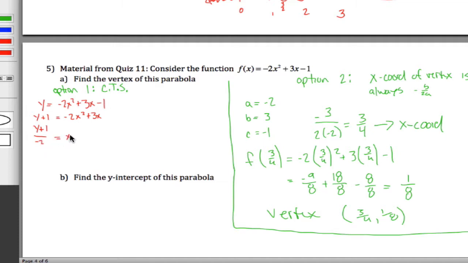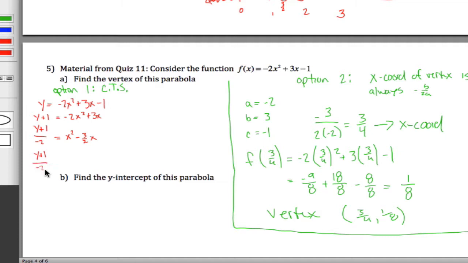And what that leaves me with is just x squared minus 3/2 x. Now I can complete the square by adding b over 2 squared to both sides of the equation. In this case, my b is negative 3/2, so half of that is negative 3/4, and that squared is 9/16.